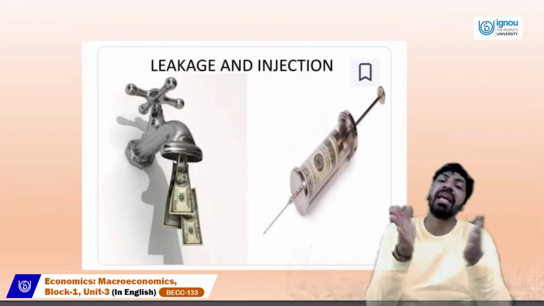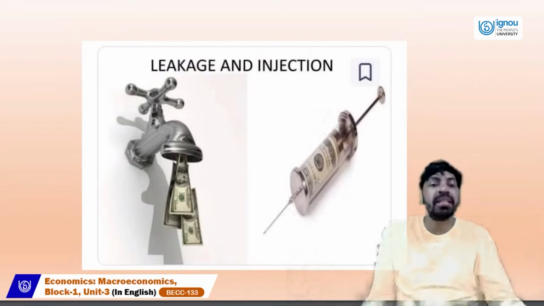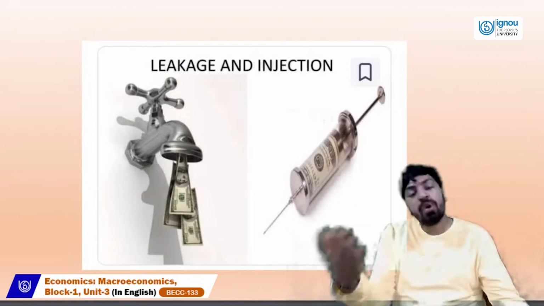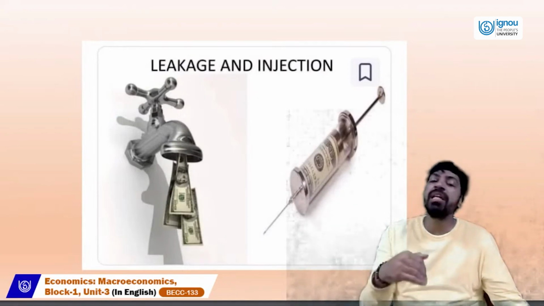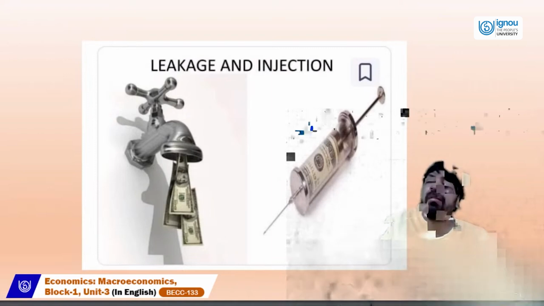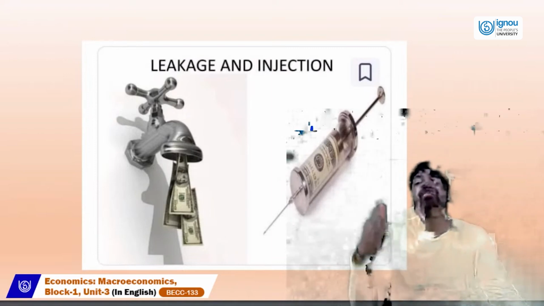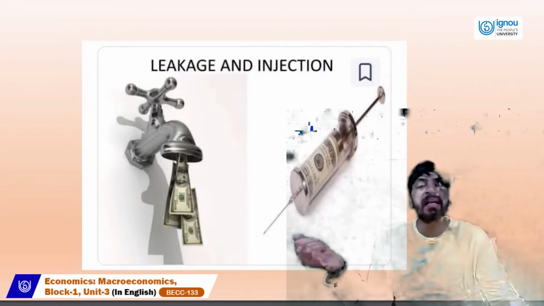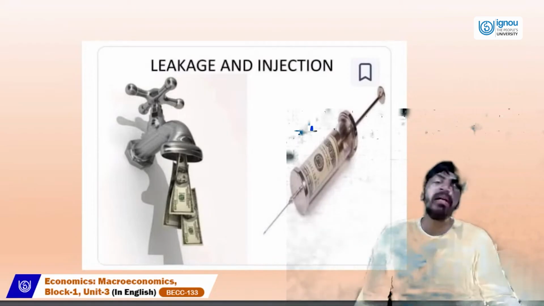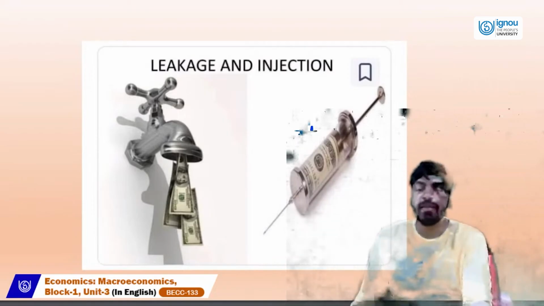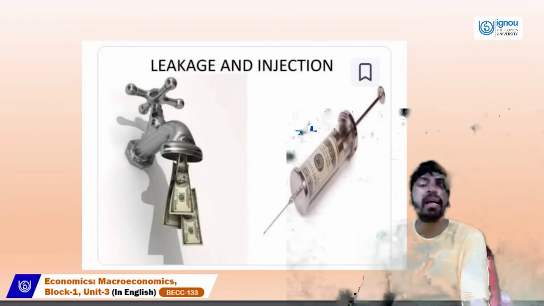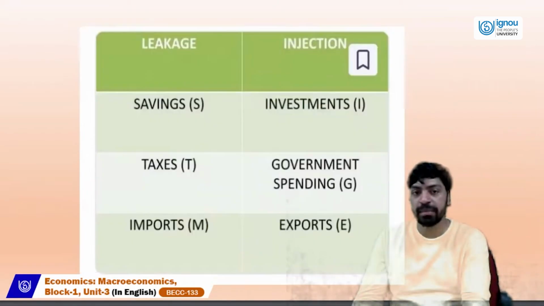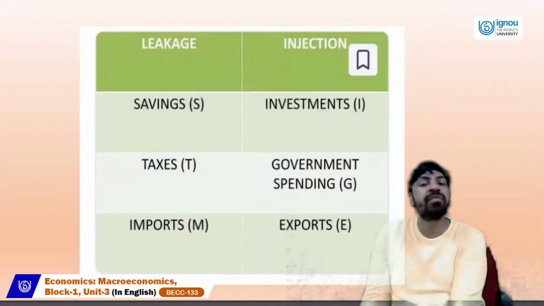And that is the main difference between the leakage and injection, where the leakage stands for the withdrawal of money, but injection is the introduction of money into an investment or into any government spending. That's called leakage and injection. So let's have more discussion on these two topics. So this is the difference.